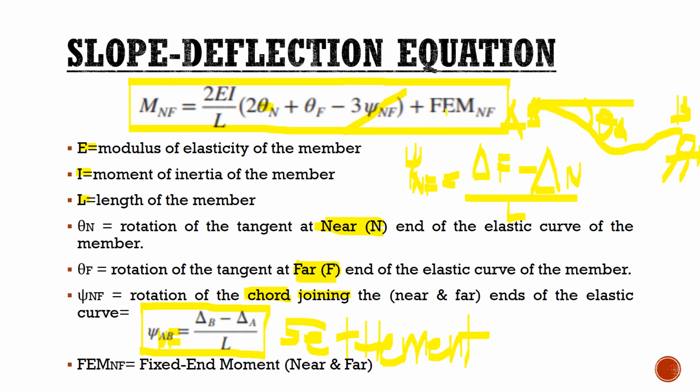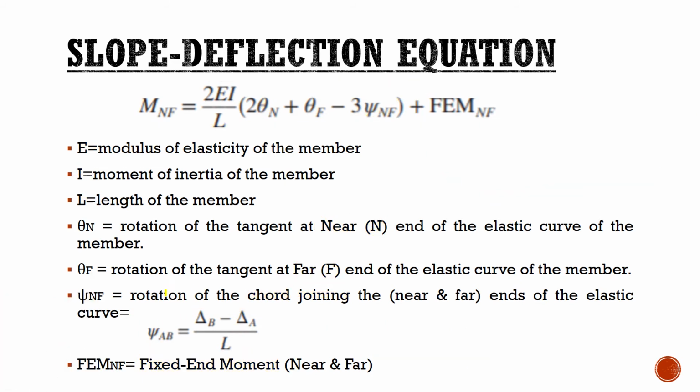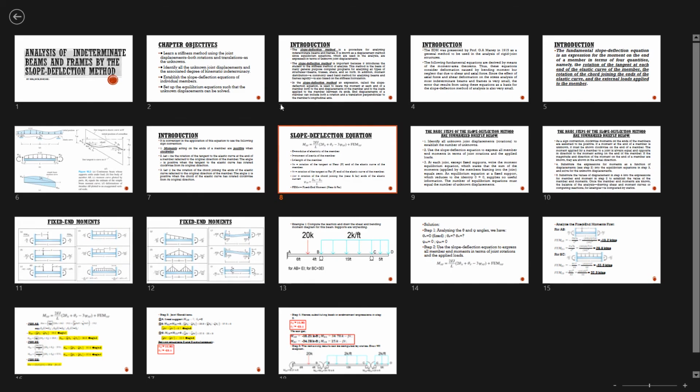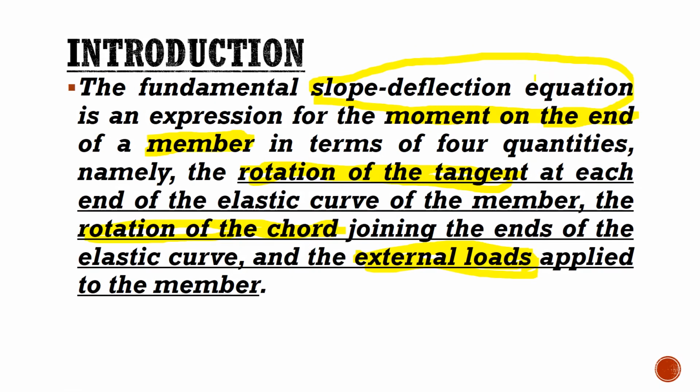And lastly, you add the FEM, the fixed end moments at the near and far ends. It can also be reversed, FEM far or near. I will explain that in the example. So that is what I said earlier about the basic concept: there are 4 quantities in the slope deflection equation.